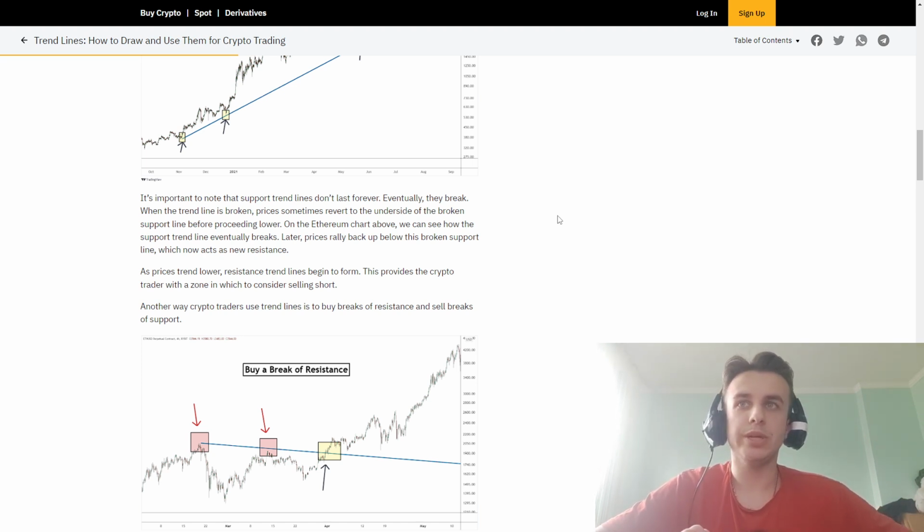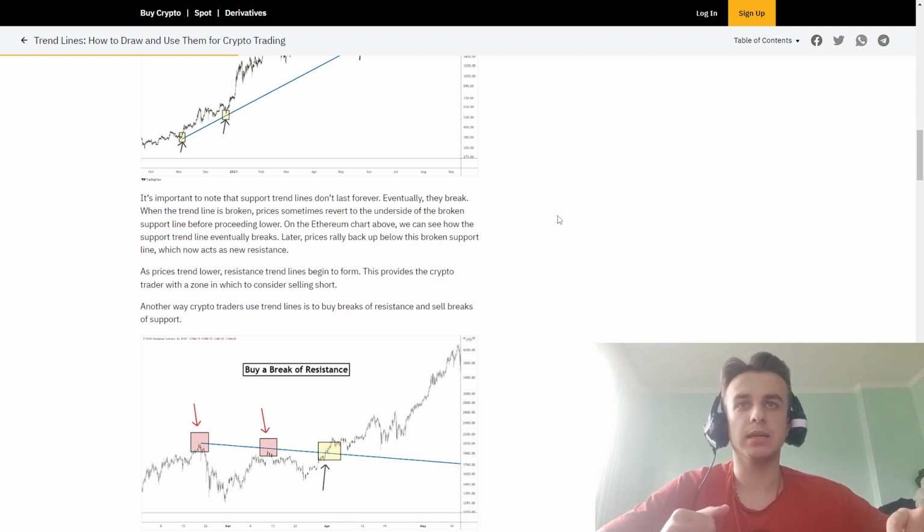Eventually they break. When the trend line is broken, price sometimes reverts to the underside of the broken support line before moving lower. On the Ethereum chart above we can see how the support trend line actually breaks.